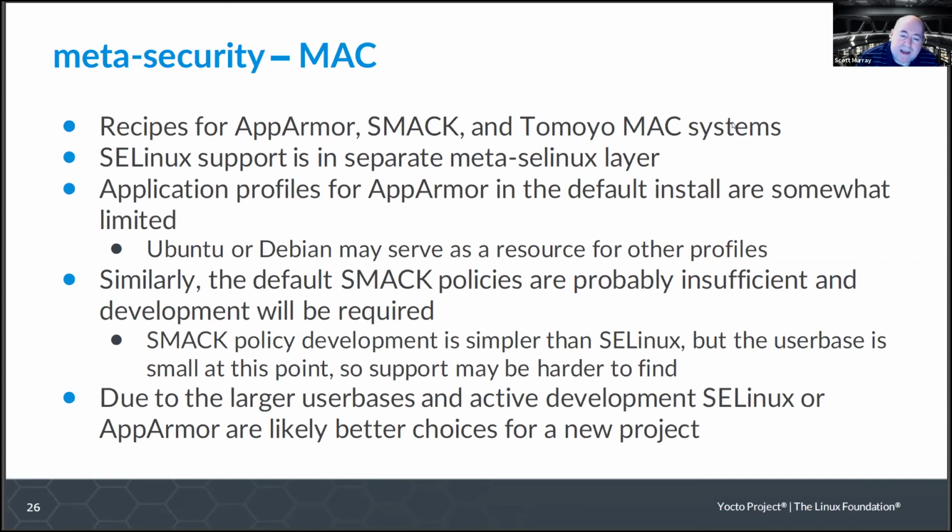The issue with SMACK is that the user base is quite small at this point. It basically ties in with Samsung, and Automotive Grade Linux, which I work on, also uses SMACK. But using it in your own product, you're going to have to do some development, and finding support for it might be harder than for SELinux. So I would recommend looking at SELinux or AppArmor first, as opposed to SMACK.